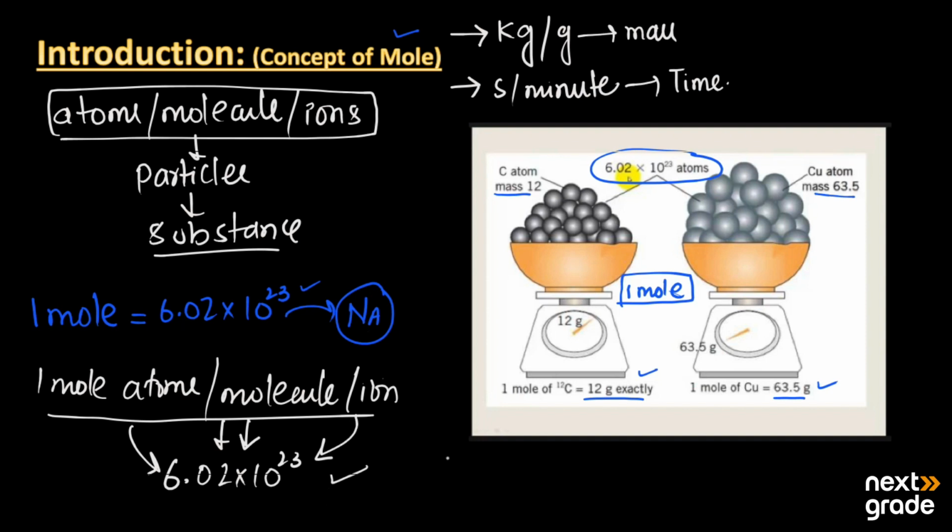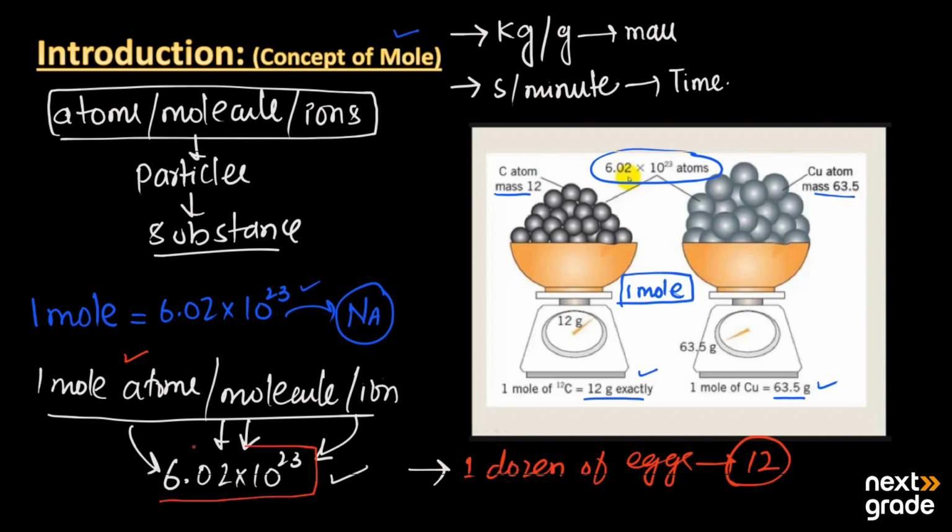Likewise, an example from daily life: if we have 1 dozen of eggs, it means the total number of eggs is 12. Likewise, in chemical calculations, if we have 1 mole of any substance, it contains 6.02 into 10 raised to power 23 particles present in it.